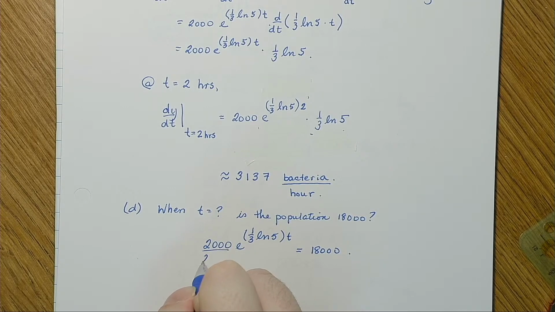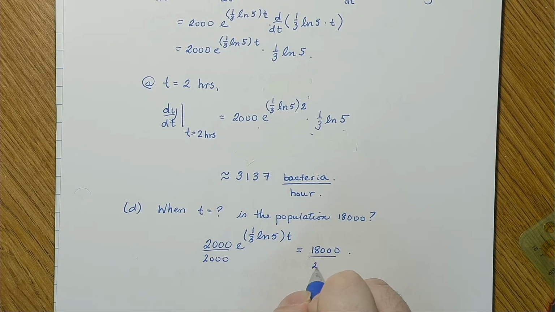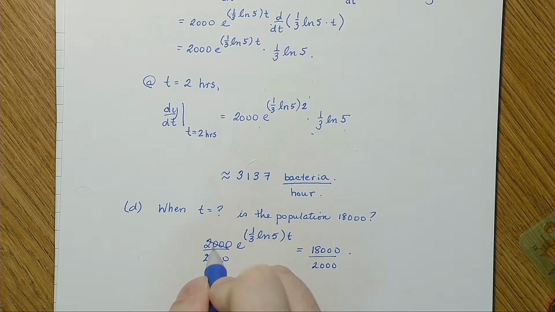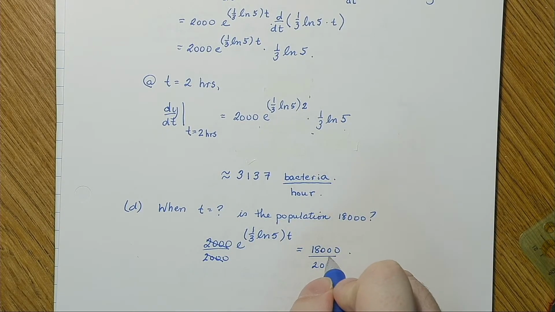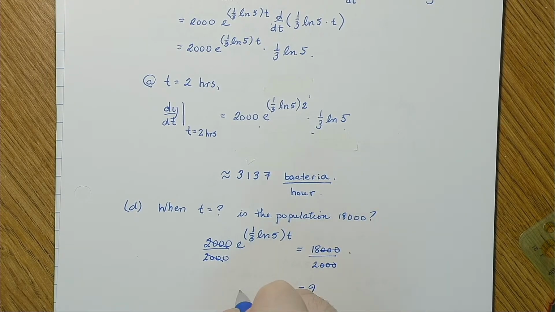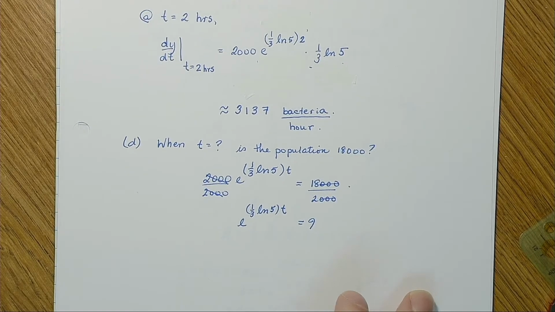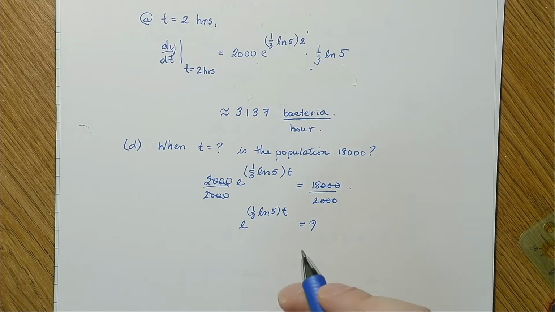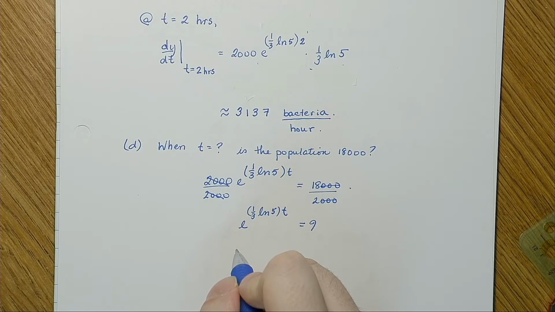And I can divide by 2,000. So that goes to 1, and I can cross out the 3 zeros. So I have 18 divided by 2 gives me 9, e to the 1/3 ln of 5 of t. And same idea again. We can apply the natural logarithm on both sides.